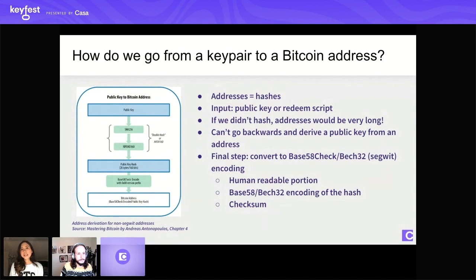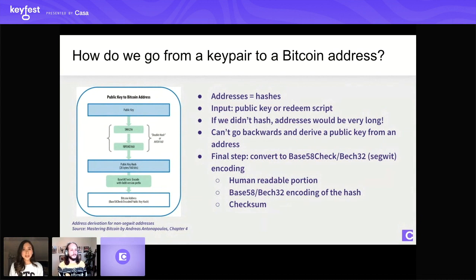A compressed ECDSA public key is 33 bytes, which comes out to 44 characters in base 64 encoding. And that's actually still pretty big. And we're just talking about the simplest kind of address with one public key. It's not a multi-sig script with multiple things in it. It's just the smallest thing we can make. And in addition to that, there's actually a number of really good reasons to use a character set smaller than base 64.